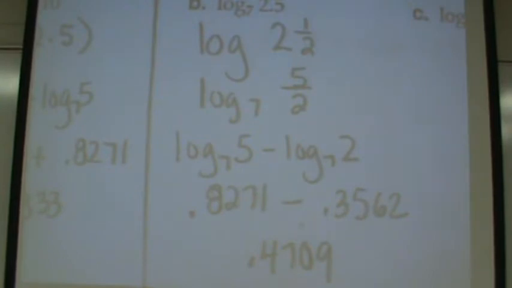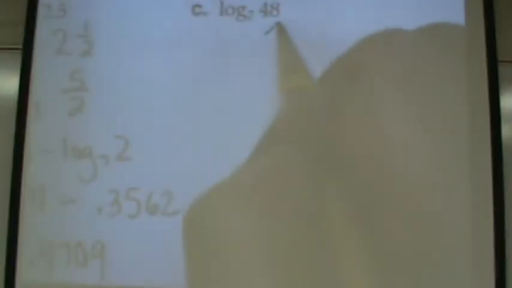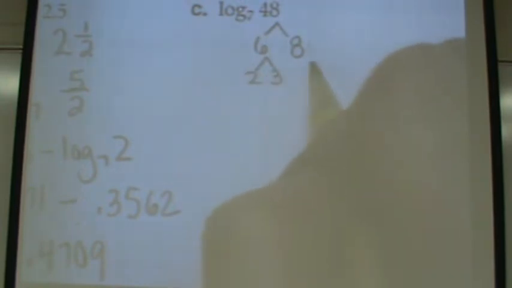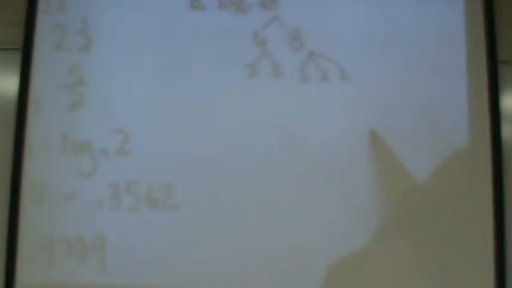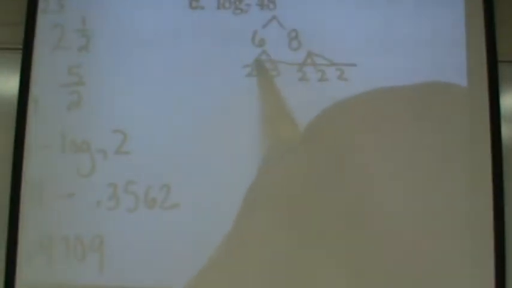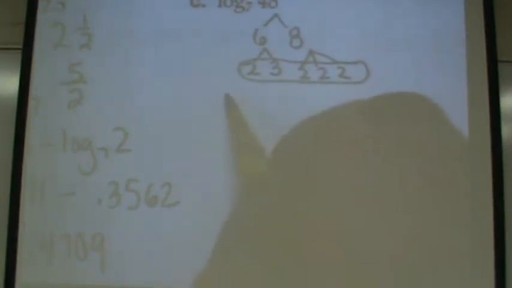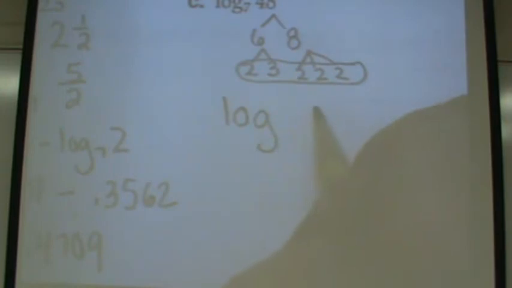And the last one, 48. Let's factor 48. 48 is what? 6 times 8, 2 times 3, 2 times 2 times 2. So all these numbers multiply to give you 48. Is there a shorter way we can write it with a power? 2 to the 4th power times 3.